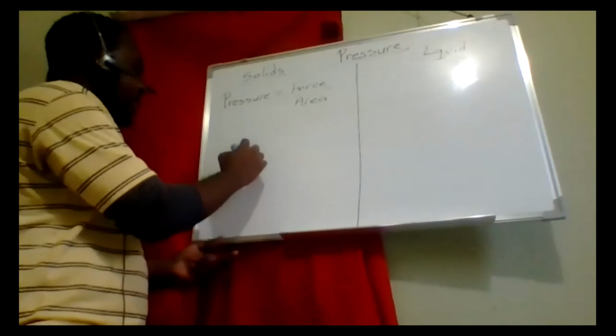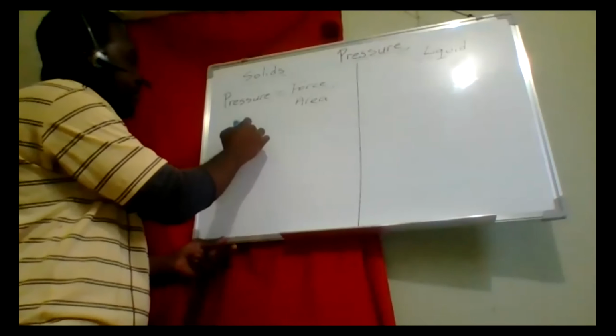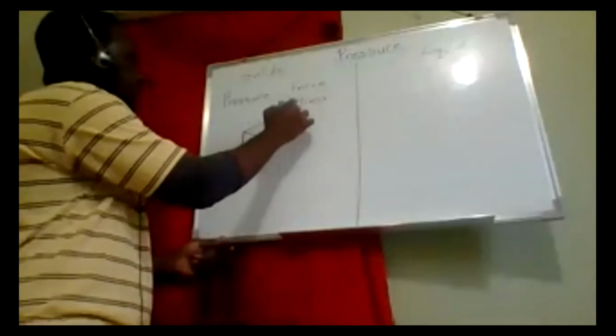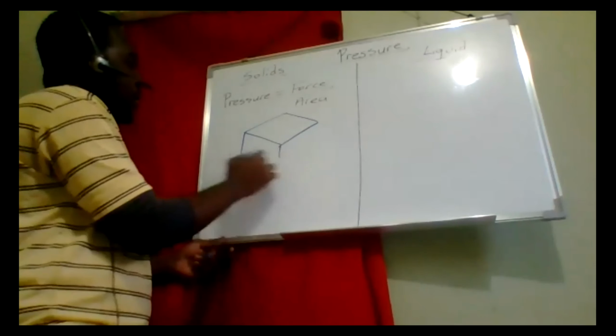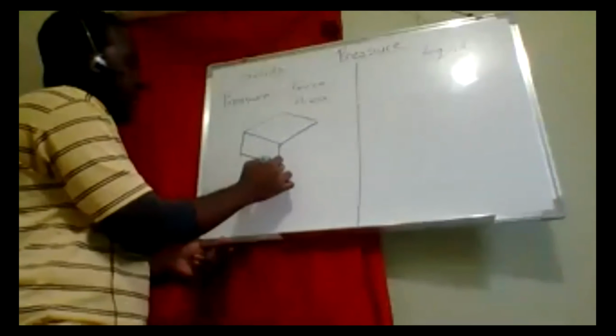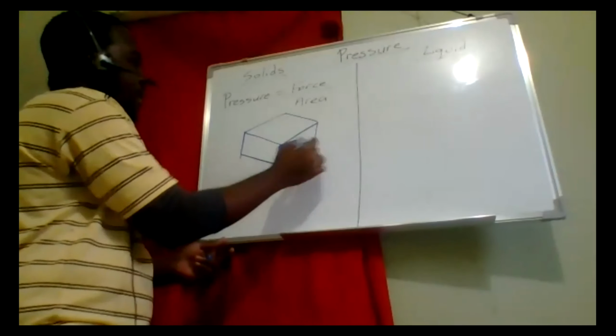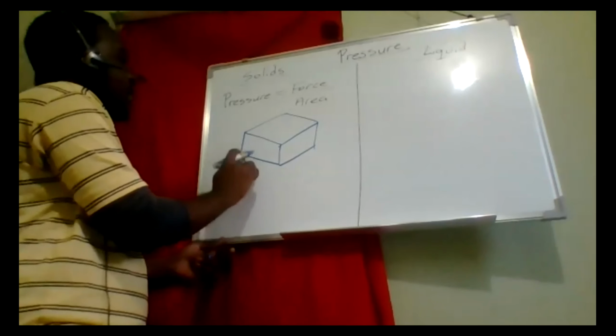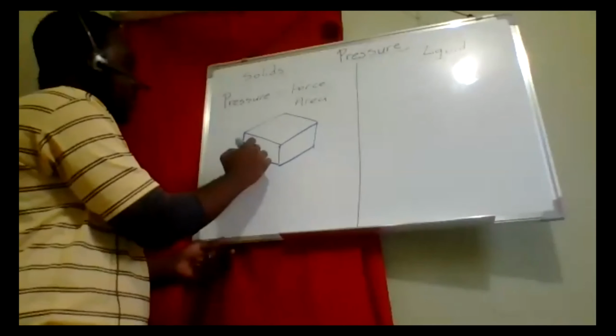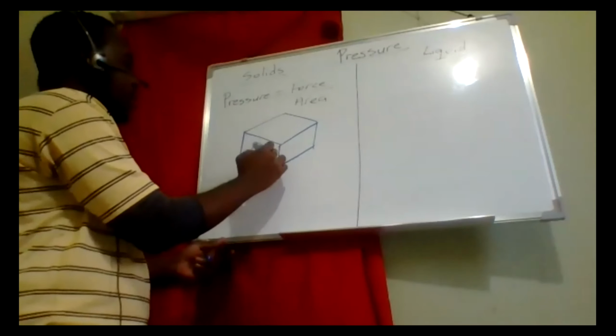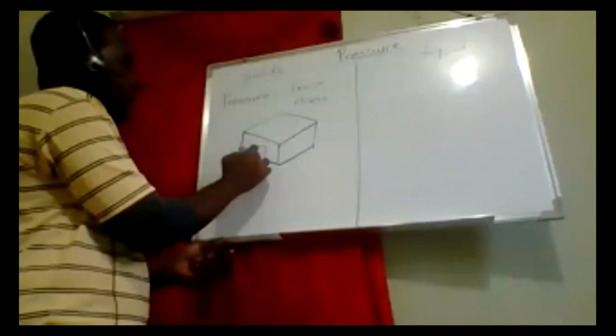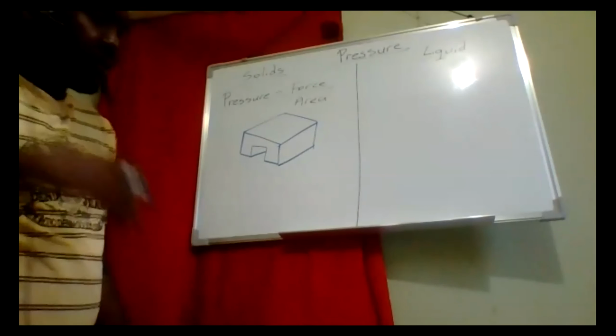In questions, or just in imagination, if we have a box or any object, let's say a wooden block, and we put it on a table, but at the bottom of the wooden block there is an opening, a space going right through.